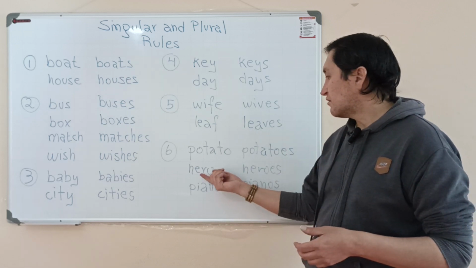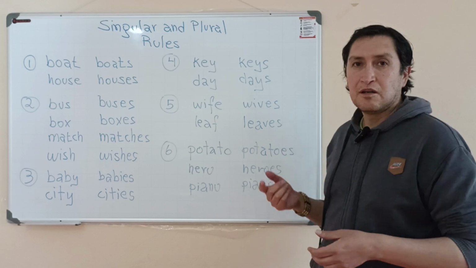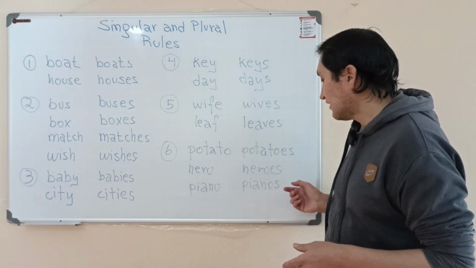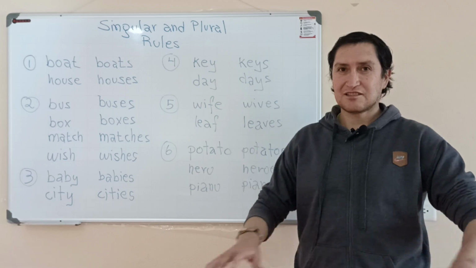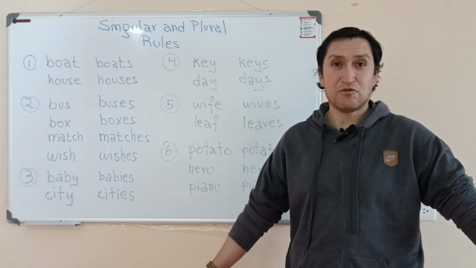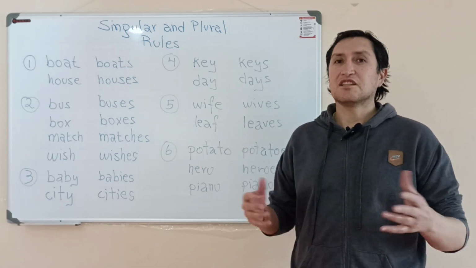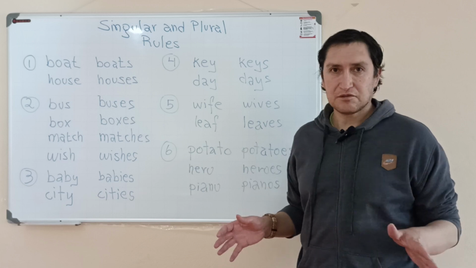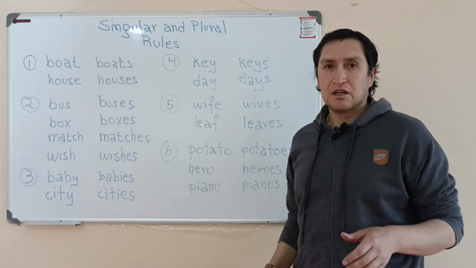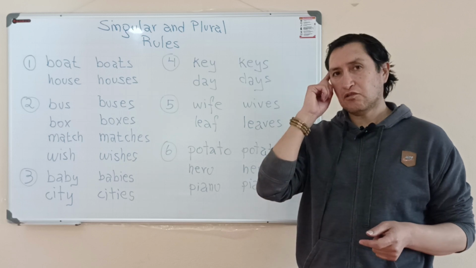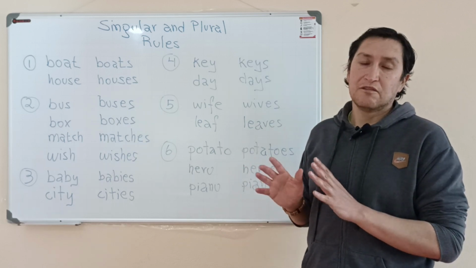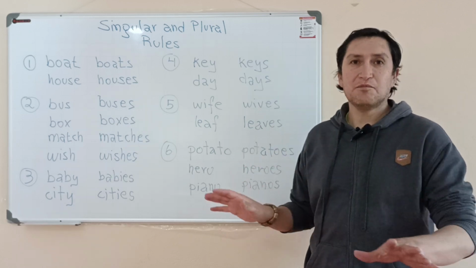Okay, hero, heroes. But here we have an exception. Remember, English is a strange language sometimes because it has a lot of exceptions, no? So these rules you can apply most of the time, but it's a very good idea to always keep in mind that you can find an exception at any moment.